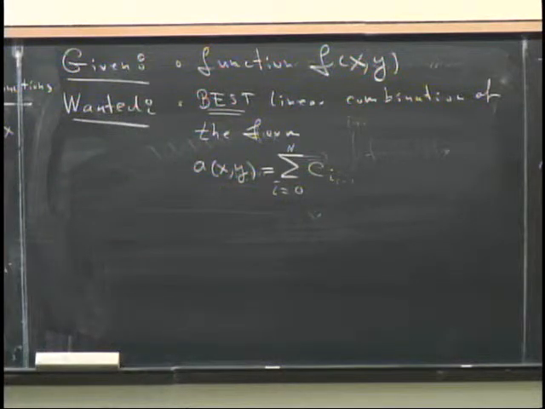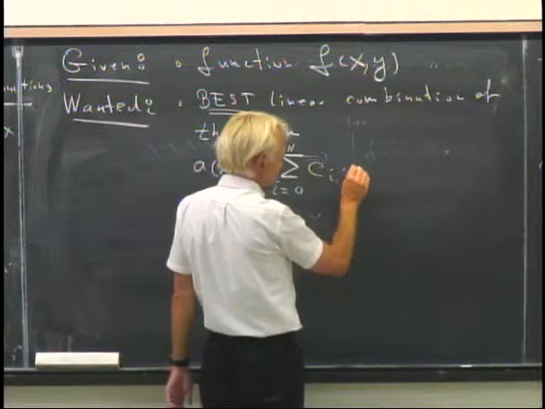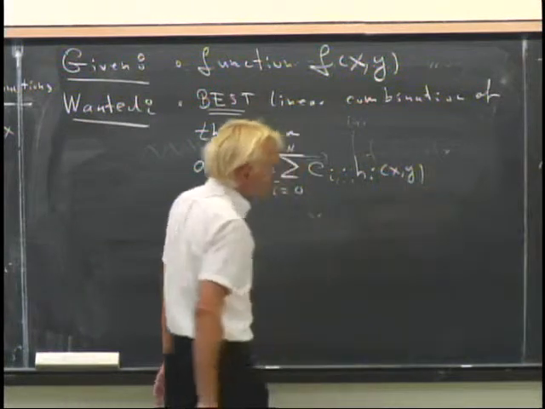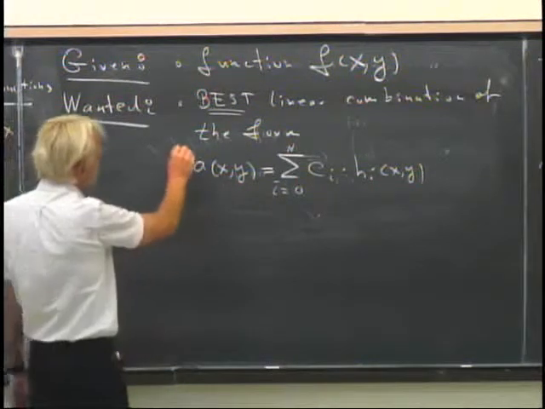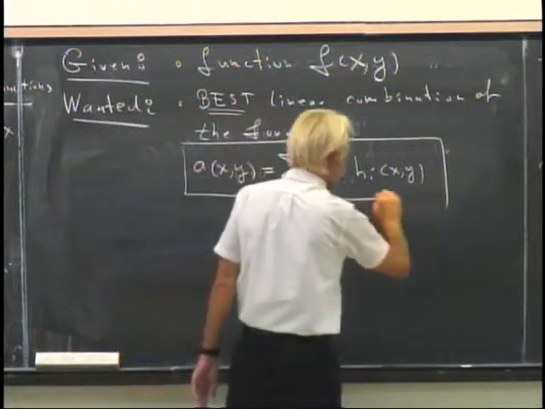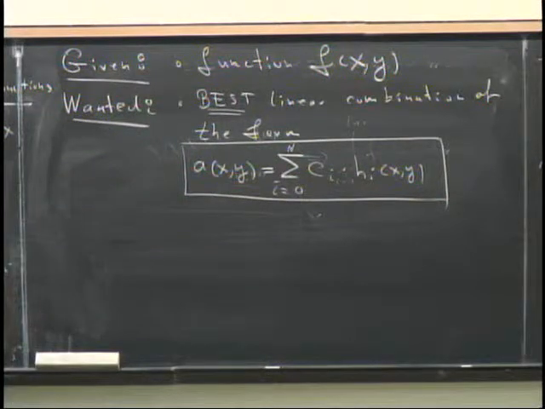This is called hat function i of x, y, and I have one of these living above each site. Coefficient c_i times hat function i of x, y is different from 0 only over its associated platelet, otherwise it's 0. So formally, there is no difference between this and the 1D case, except we have one more argument to deal with.